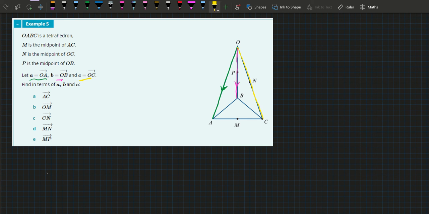So the point about the midpoints is that, here, half of C is O to N, okay? By definition, they're halfway. And we'll use that fact quite a lot in this question.